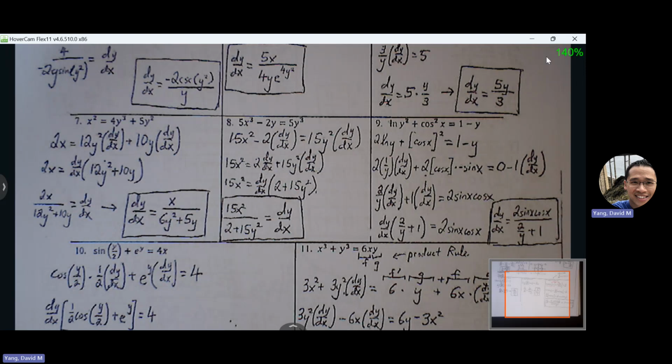Now, I do want to point out something about this here. This is, I think, just something that I find to be helpful. Sometimes when I see students, they say d over dx of y, and they just say dy dx, which is fine. I just find that visually, it's helpful to put a 1 in front. And here's the reason why.